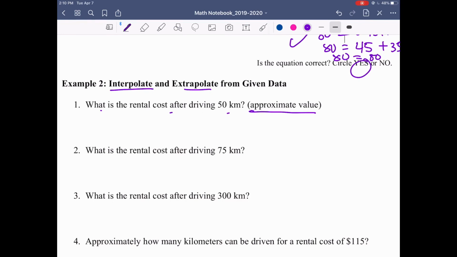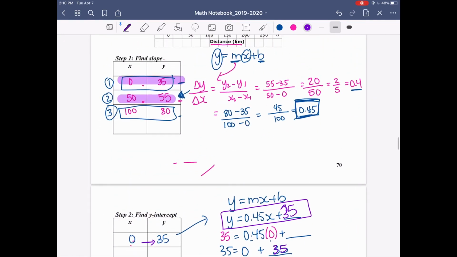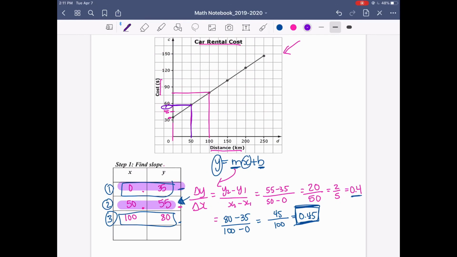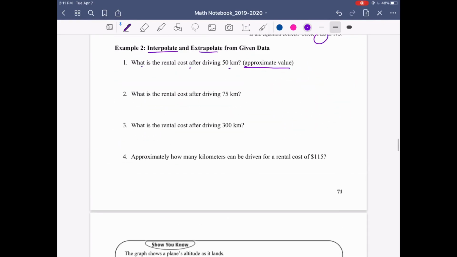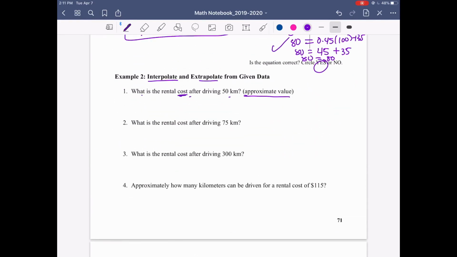If you don't want to guess and you want a more accurate answer, you can just plug it into the formula. We know that with y and x, which one is the y-axis? That's the cost. And the distance is the x. So if it's asking us for the cost, that means we want to find y, and we're plugging in our value for x. So 0.45 times 50 plus 35, because we're just plugging it into our formula.